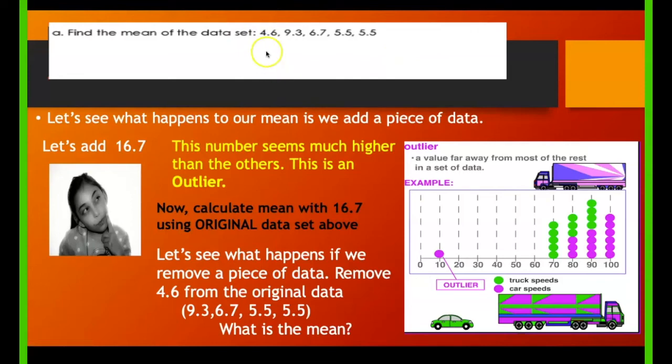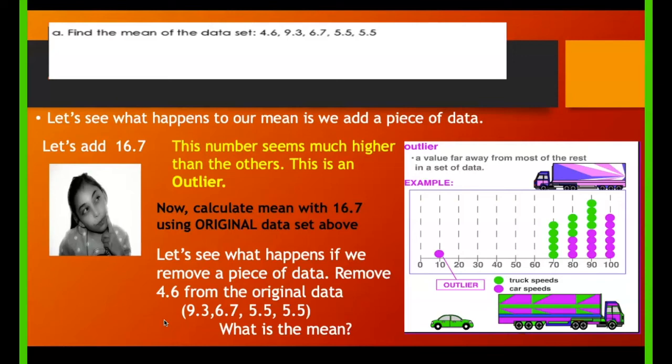So instead of the 5 pieces, we're only going to have the 4. So we're only going to have these 4. And I want you to now determine the mean of just those 4. So again, go back to your Desmos application. If you have it on a split screen, great. Go ahead and figure it out and then come back when you are done.